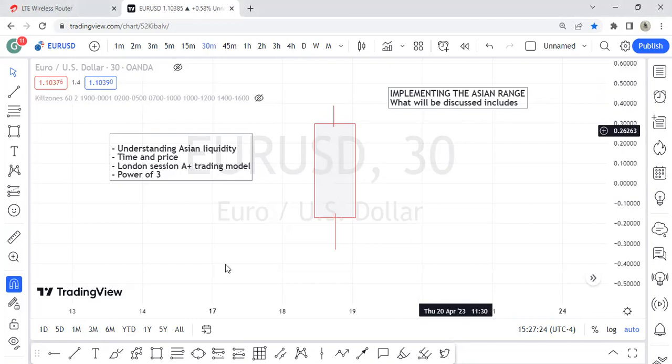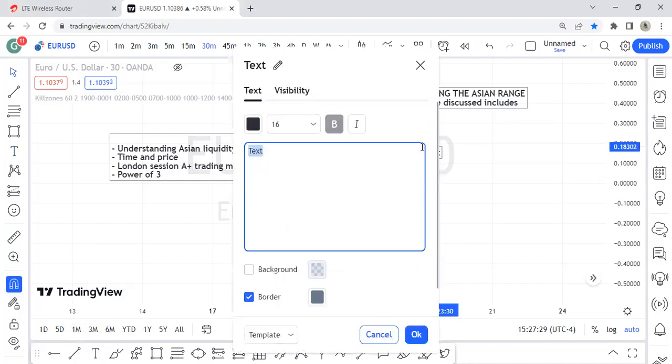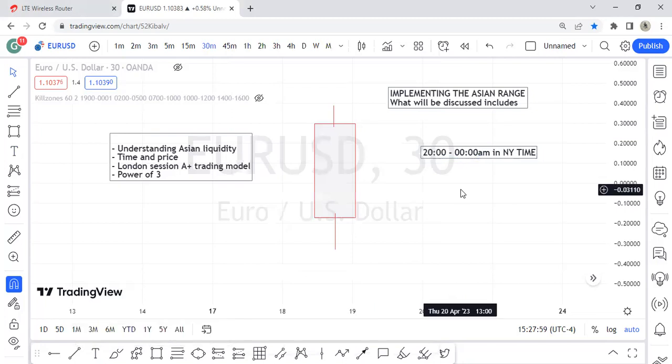The time we are looking at for the Asian range is the window between 8 o'clock GMT-4 to 12 o'clock. All of this is in New York time. Wherever you are, whatever time zone you are under, you have to use New York time to follow what I'm talking about.